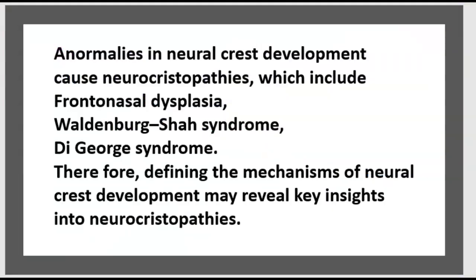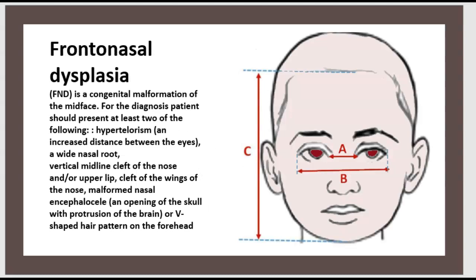Anomalies in neural crest development cause neurocristopathy, which includes frontonasal dysplasia, Waardenburg syndrome, and DiGeorge syndrome. Therefore, defining the mechanism of neural crest development may reveal key insight into neurocristopathy.